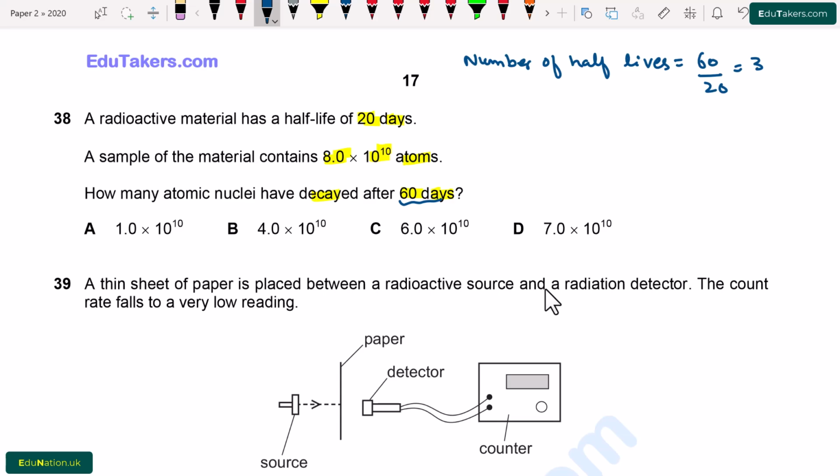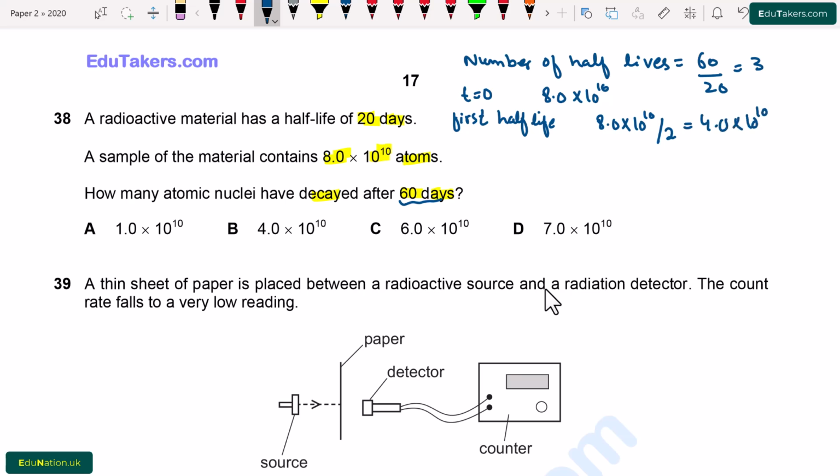It will be equal to 3. It means that a total of 3 half-lives pass. So when no half-life has passed, t is equal to 0, the number of atoms is 8.0 × 10^10. When the first half-life passes, half of this amount decays, and there will be 8.0 × 10^10 divided by 2, which is 4.0 × 10^10.